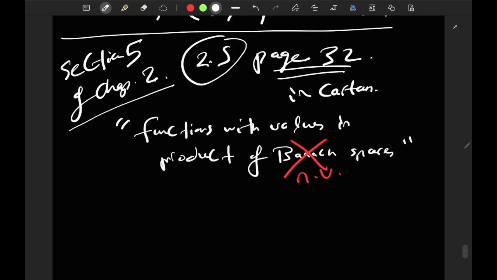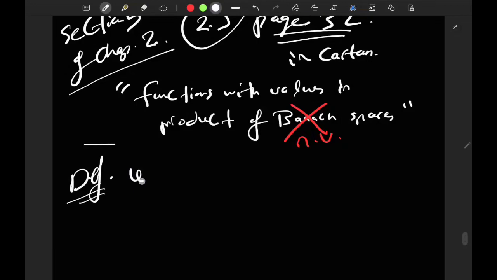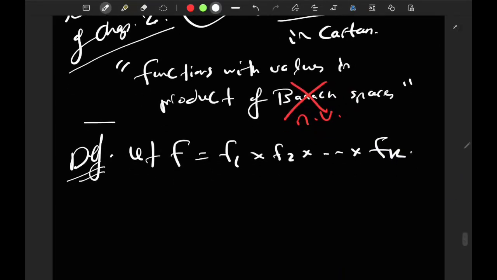We really don't need any Banach assumptions here. There's no need for completeness, at least not directly. So let F, definition of two special functions. Let F be equal to F1 cross F2 cross Fk, just a Cartesian product of some normed vector spaces, so each Fi being a normed vector space.